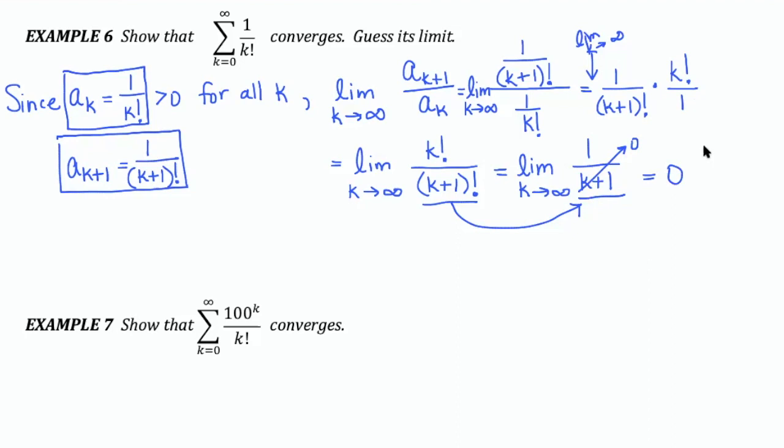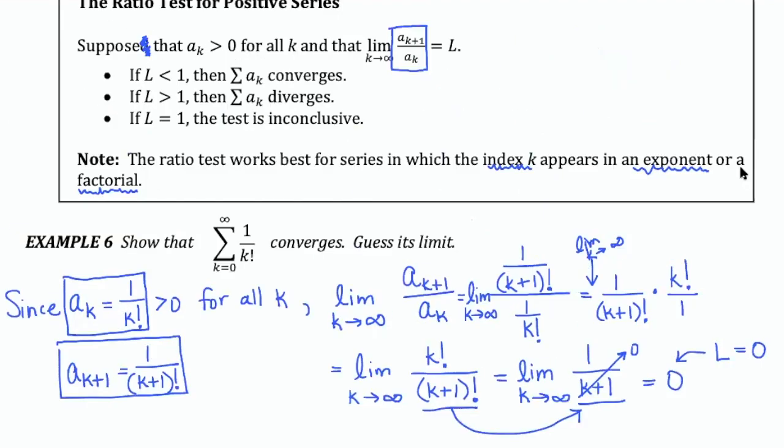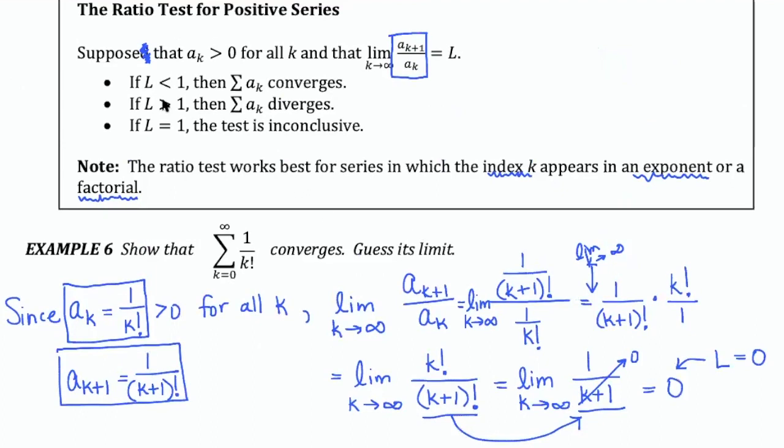Once I know this value, I know the value of capital L for this particular instance of the ratio test. Now I go back to my test and I look at the 3 different possible L values. I'm looking at the first case. My L value is 0, and 0 is less than 1, so I know that my series converges.